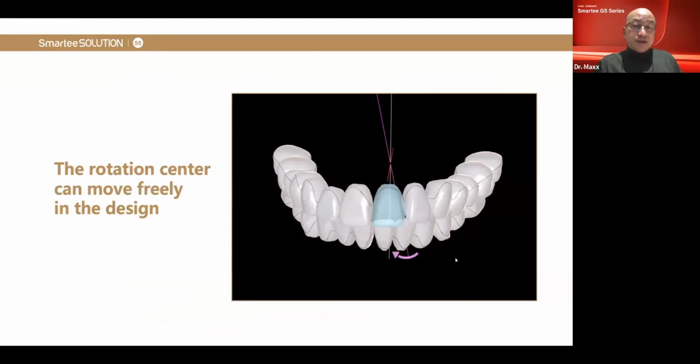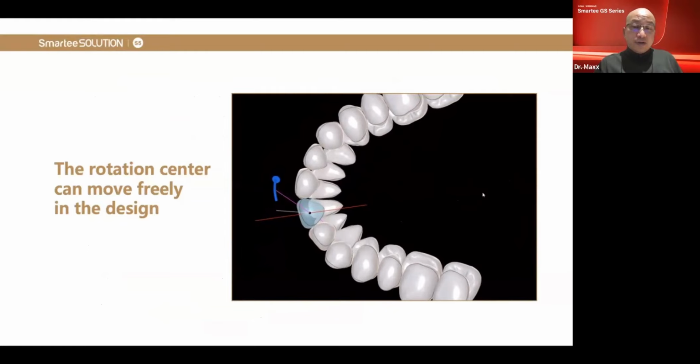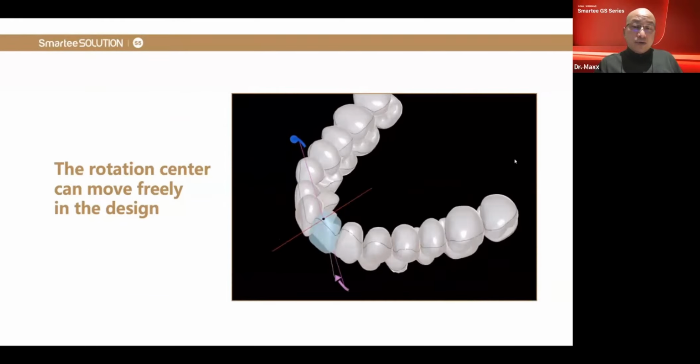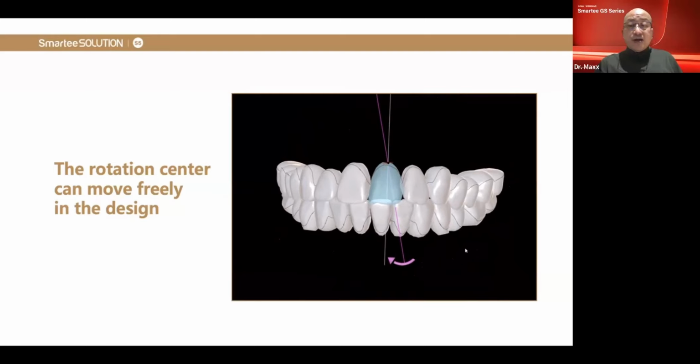Let me explain more about it. In the animation design, the rotation center can move freely, and it can move everywhere. You can see the animation. We can put the rotation center at the gingival margin, anywhere in the space in the design. So different rotation centers achieve different tooth movement.